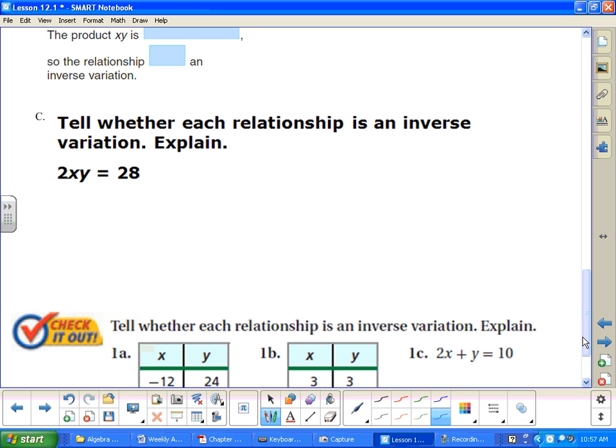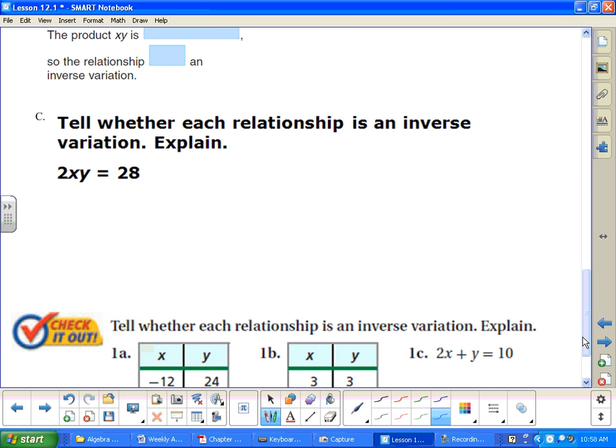Okay. All right. So letter C here. Is this an inverse variation relationship? Nathan, what do you think? Is it or not? Why not?